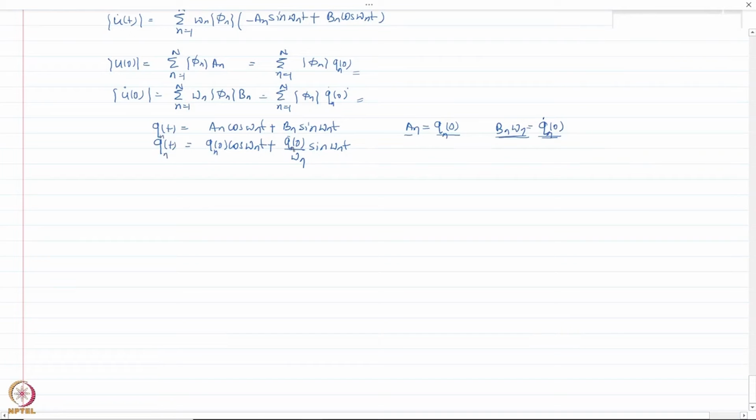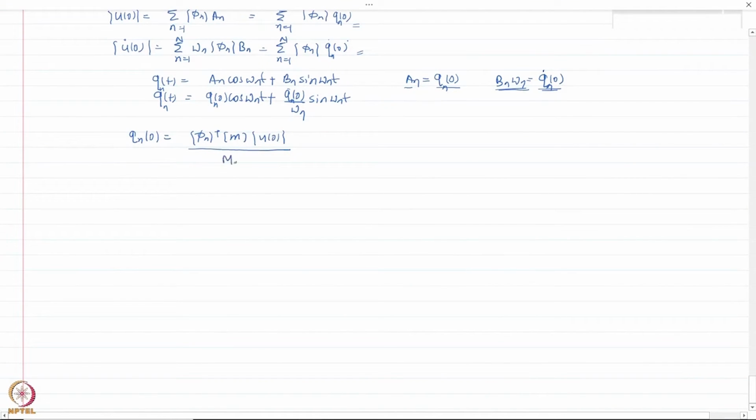So my qn of 0 becomes phi n transpose times mass, and this vector is basically u0 now, and again in the denominator I have mn.